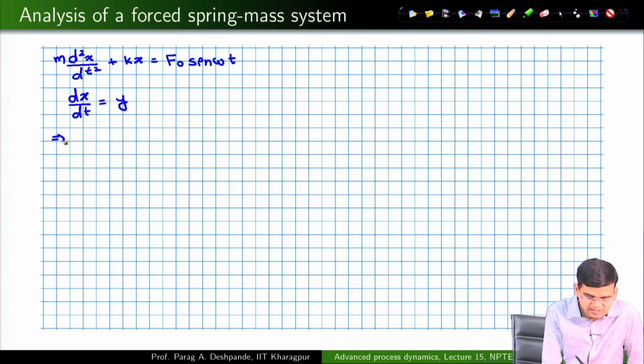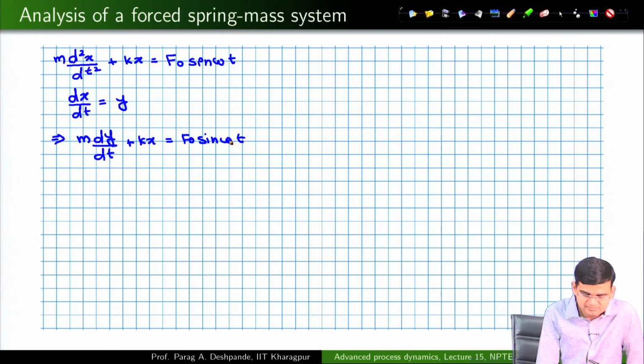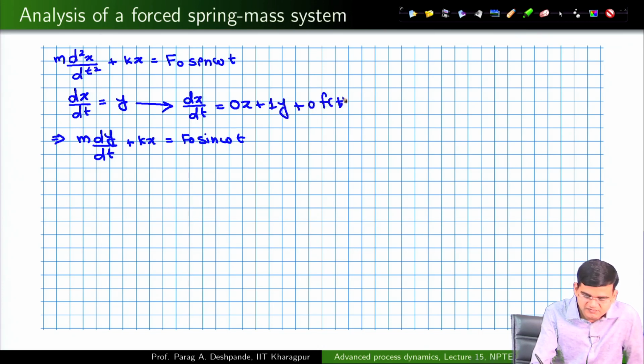So, here this would become m d²y/dt² + k x = f0 sin ωt. So, I can write this as dx/dt = 0·x + 1·y + 0 times whatever may be the function of t.